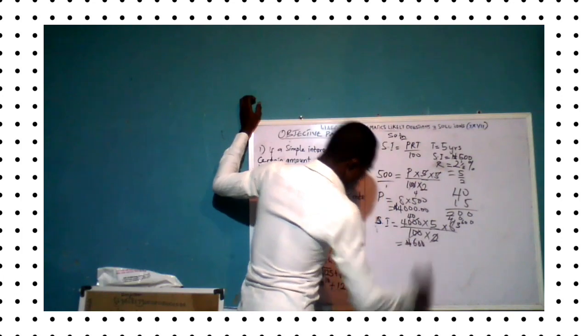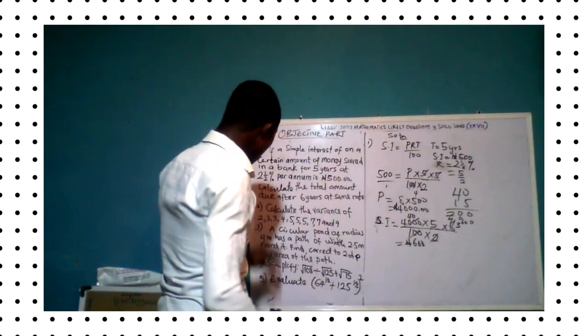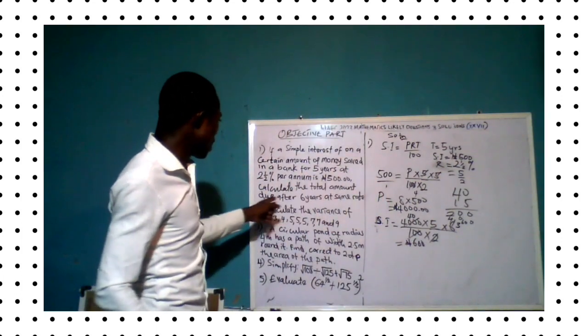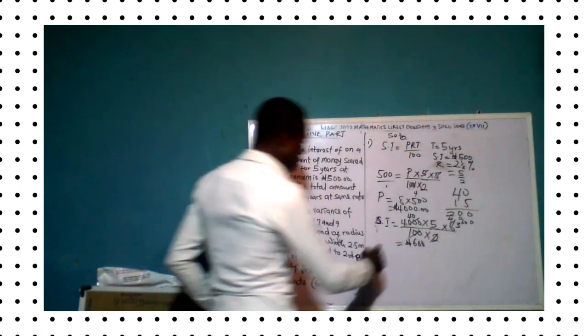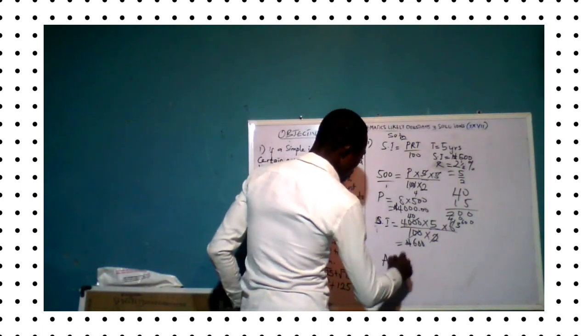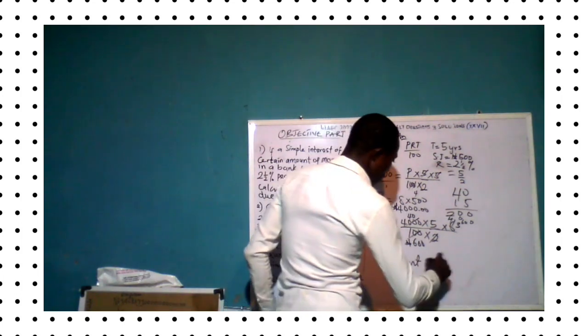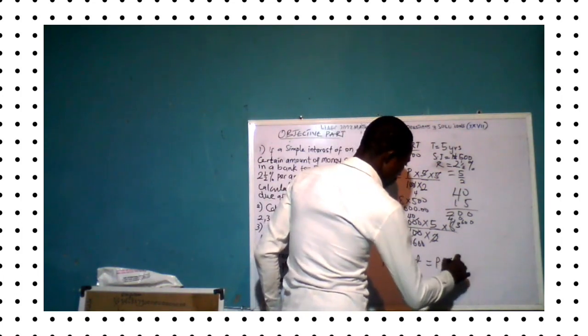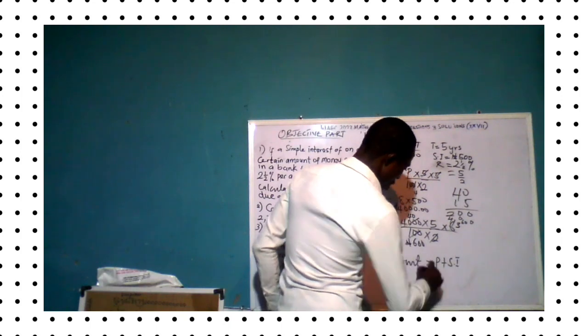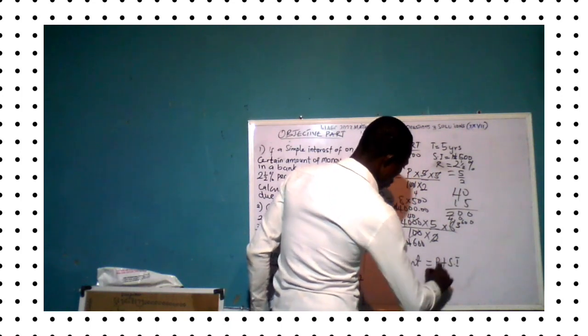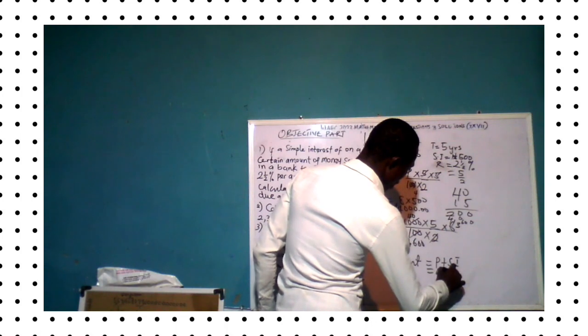Right, now we are asked to calculate the amount due after 6 years. Don't forget, amount is always equal to principal plus simple interest, and we have determined our principal to be equal to 4,000 naira.